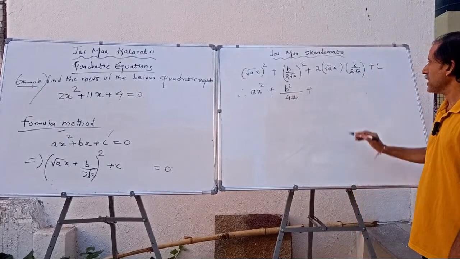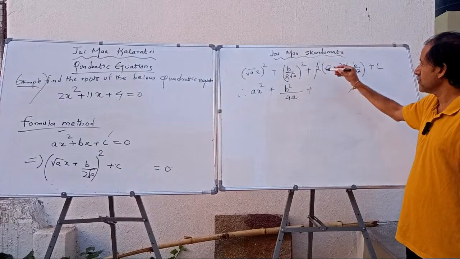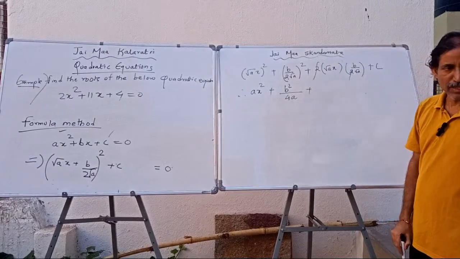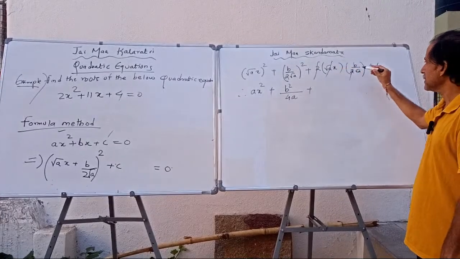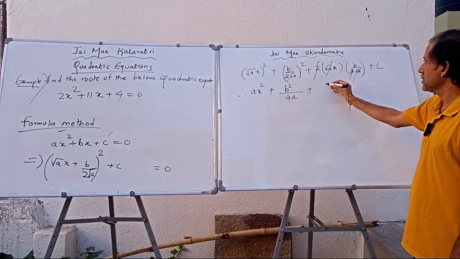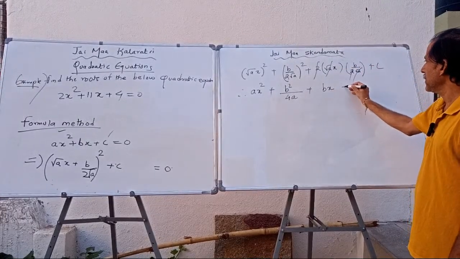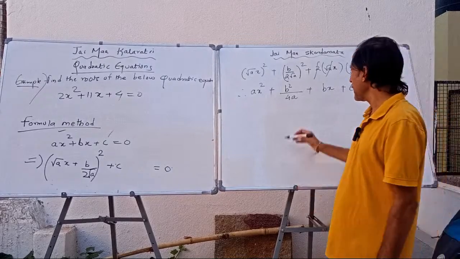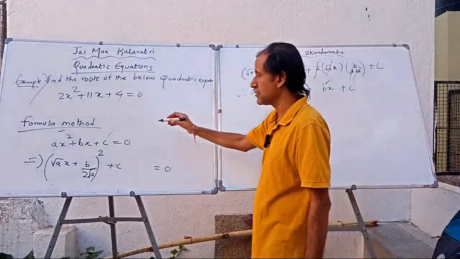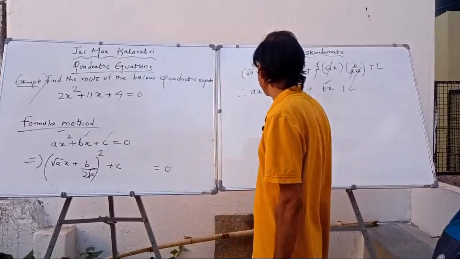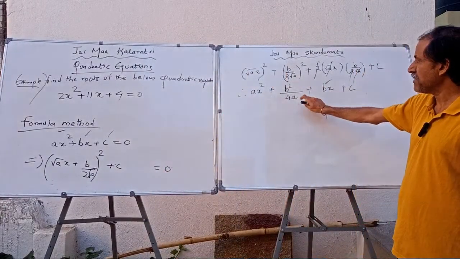Plus, what happens here? Can I cancel 2 and 2? Yes, I can, no? So this becomes bx plus c, correct, no? So I got bx, I got ax square. So these two are done. But what I am seeing is, I am getting this extra.